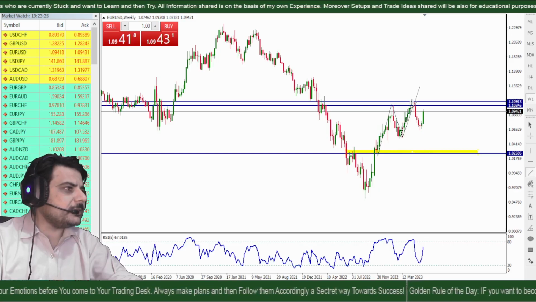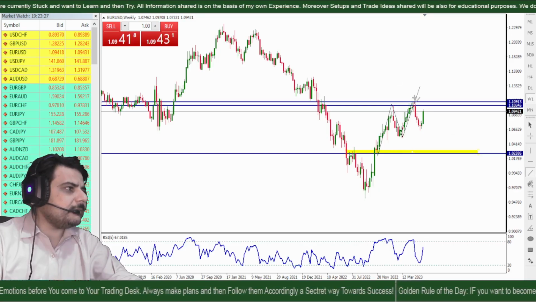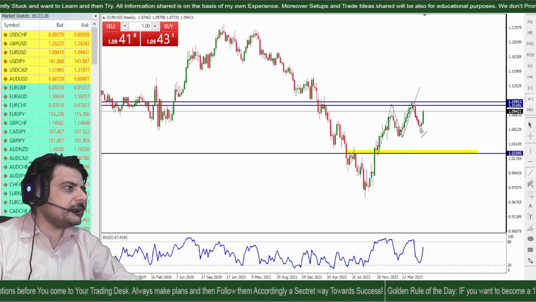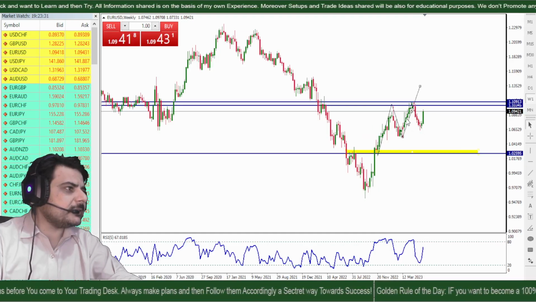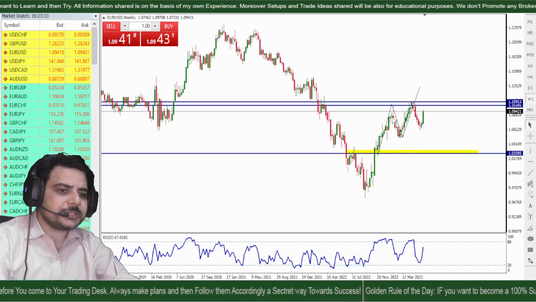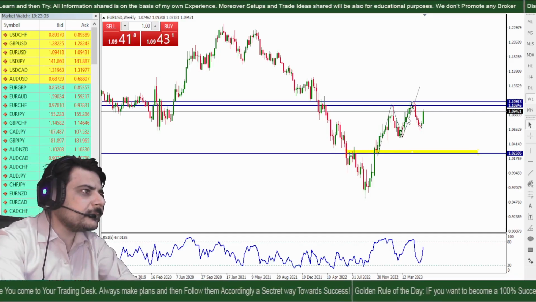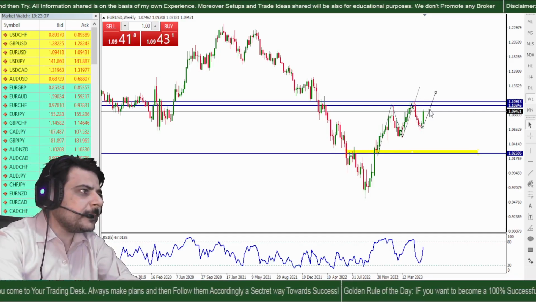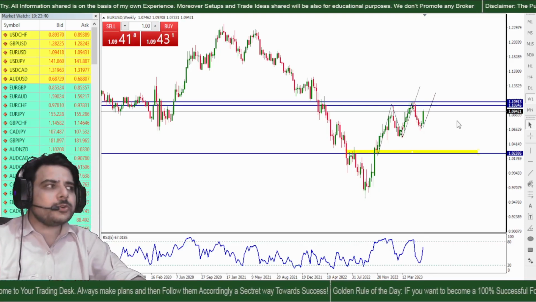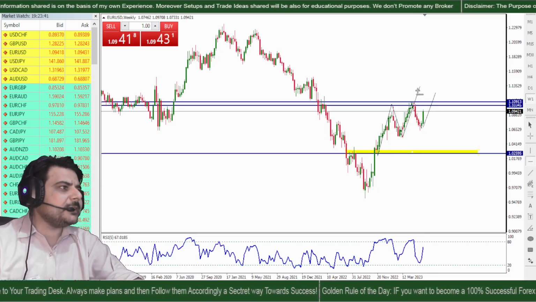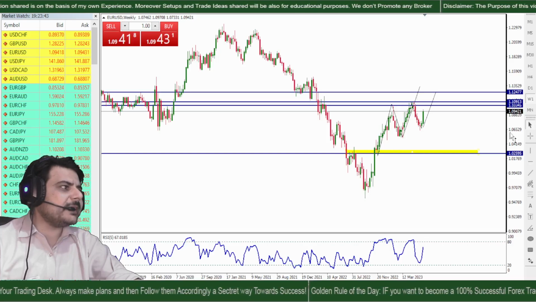If you see this one, followed by a 61.8, and this is the completion. So it seems like both these waves are most probably completing at the same level.